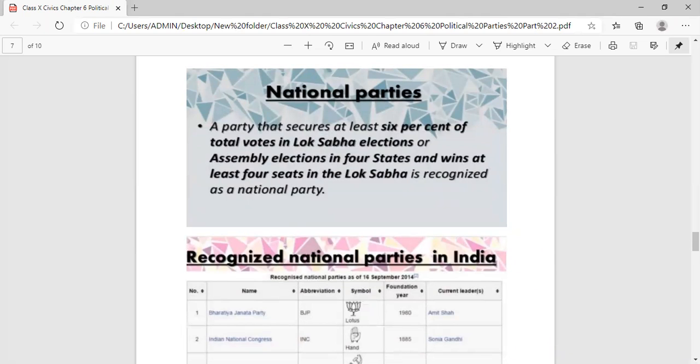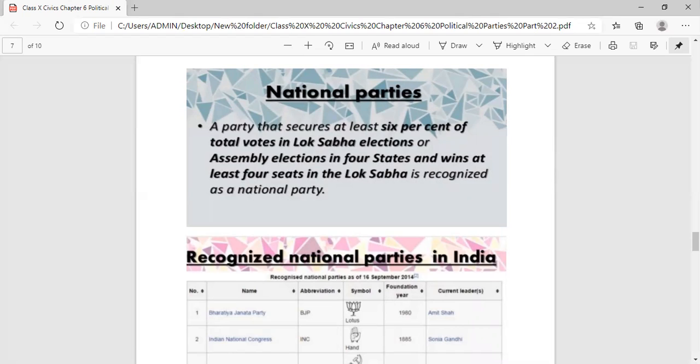Now coming to the types of political parties. The Election Commission is the registrar of the electoral system in our country. Based on certain factors, the Election Commission of India classifies political parties into two categories: national political parties and state political parties.